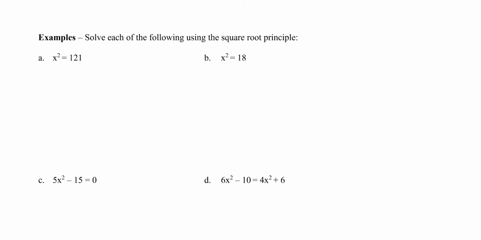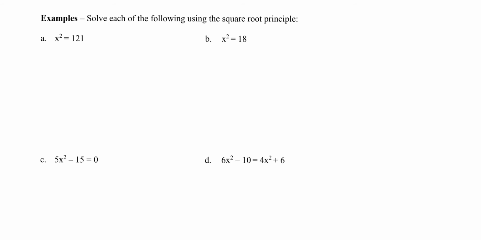Now we're looking at the square root principle. The square root principle says that if you have x squared equal to c, so x squared is equal to any real number, then your x is going to be equal to the positive and negative square root of c.